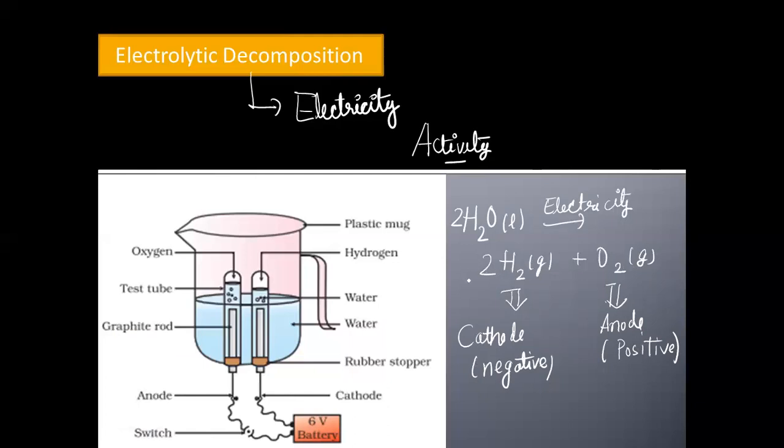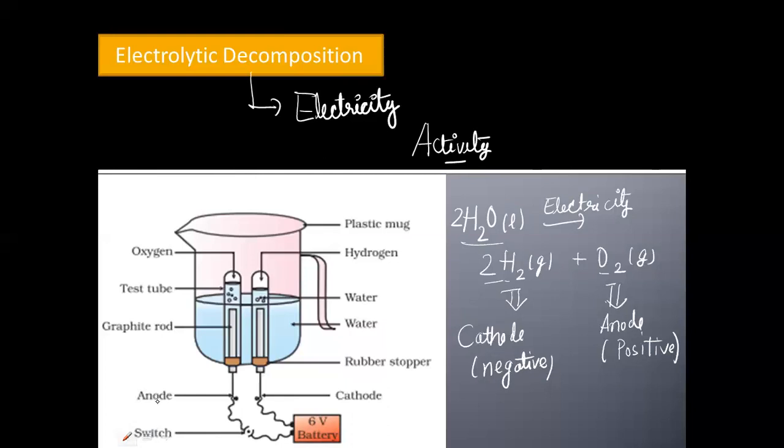The volume of oxygen that is obtained in this case is more, double of that. And that you can understand with the help of this chemical equation. Two water molecules decompose to give you two molecules of hydrogen and one molecule of oxygen. This can directly be related to the volumes of the gases produced.